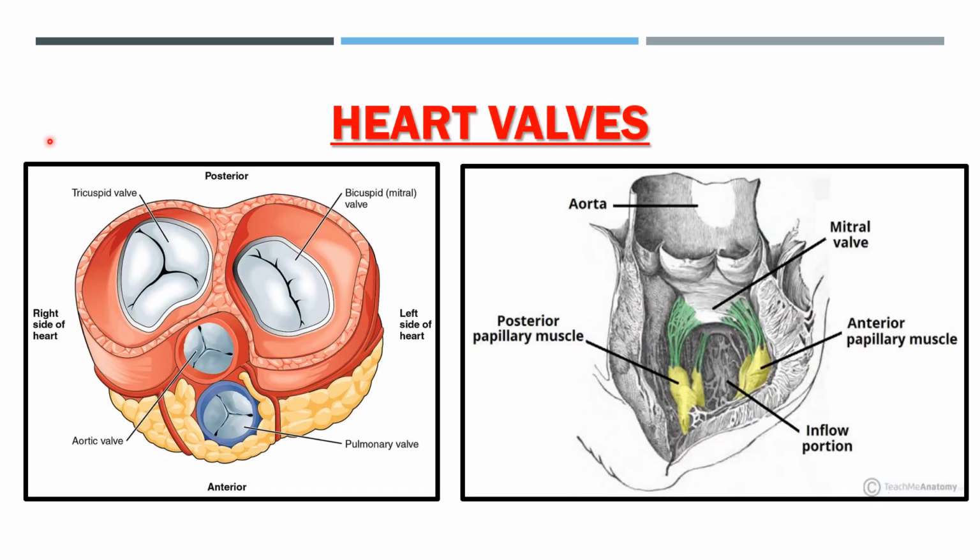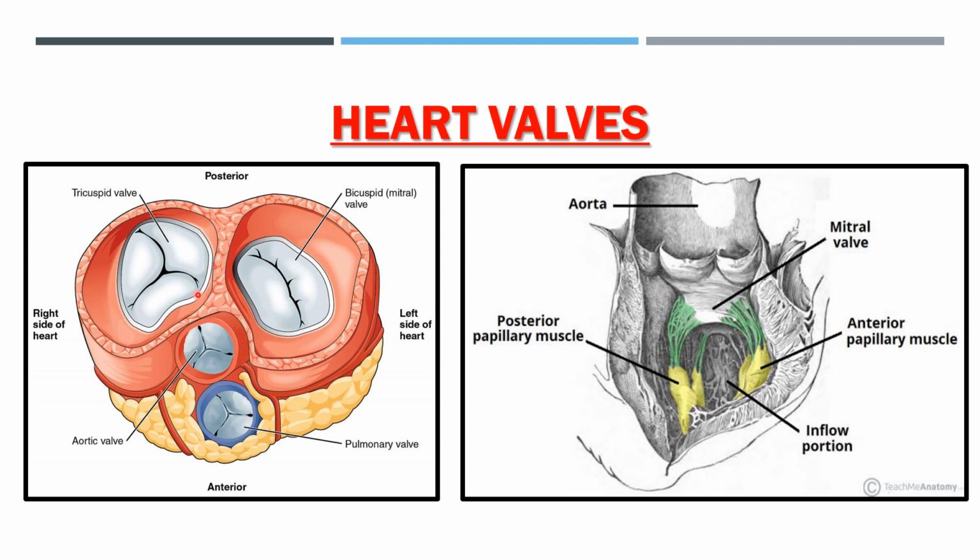Next, let's see the heart valves. The fibrous skeleton of the heart has four valves: two atrioventricular valves situated between the atria and ventricles, and two semilunar valves between the ventricles and the great arteries.